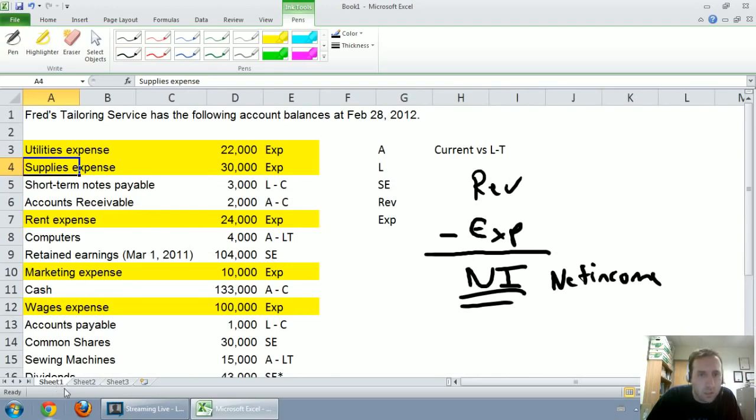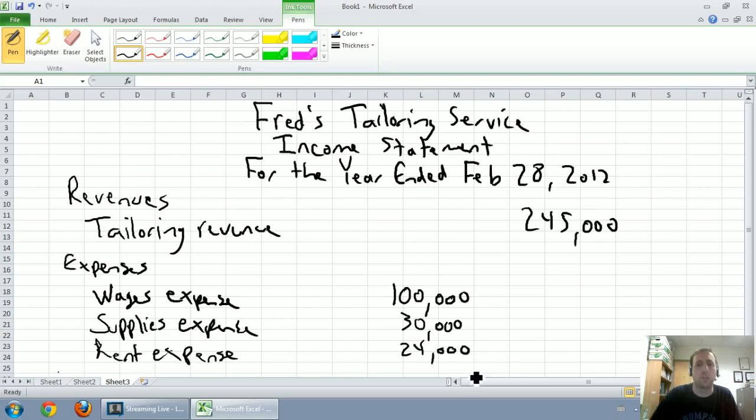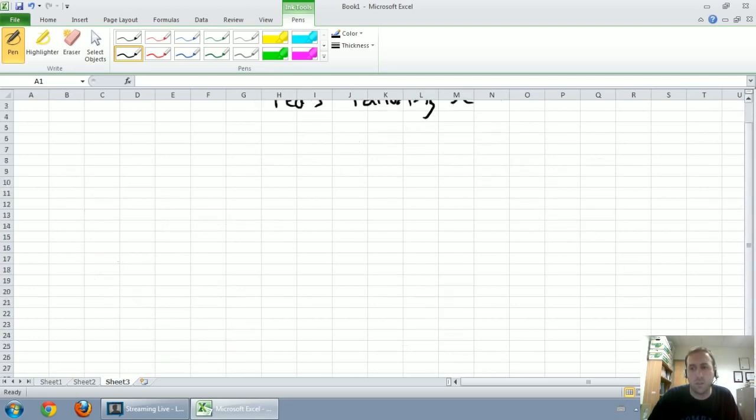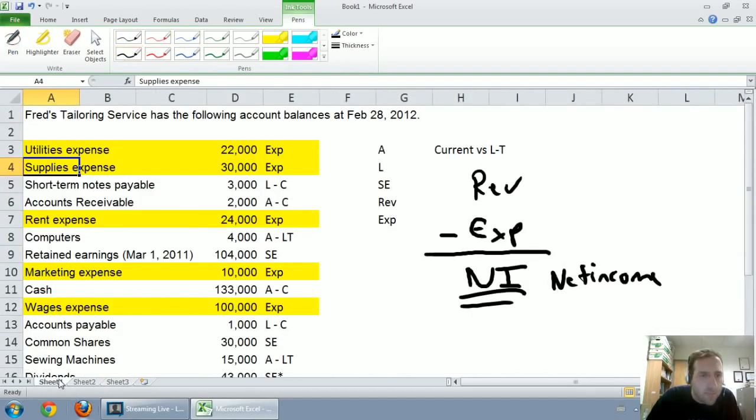Next on the list, let's see, is rent expense at $24,000. So let's fill that one in. I should write out the whole word. Rent expense, $24,000. I'm going to scroll this down a little bit, just a tiny bit. Next up, let's see, we've got utilities expense and last marketing expense.